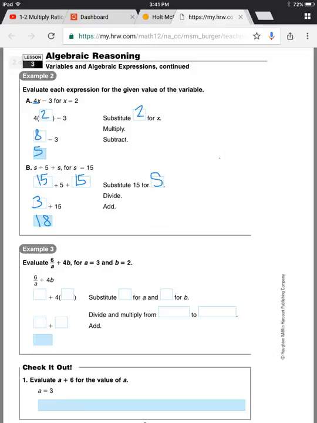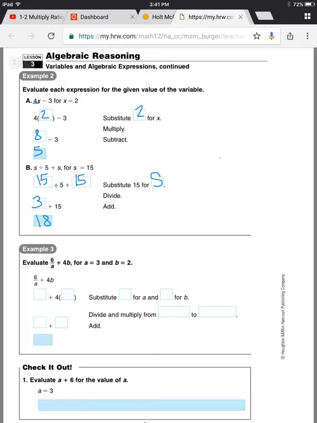Okay, example 3. Evaluate 6 over a. Anytime you see a fraction, it's just another fancy way of division. Okay. Plus 4b, for a equals 3 and b equals 2. So now we're looking at two separate variables, but we kind of just do the same thing. We just need to remember to substitute the right number for the right letter.